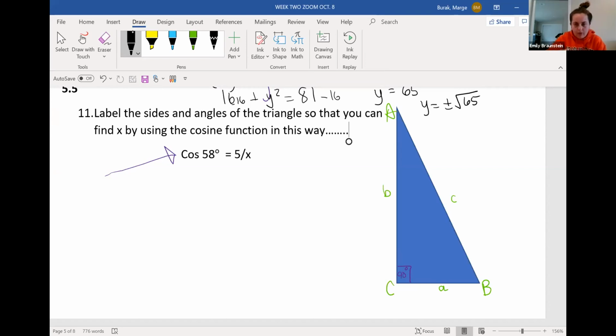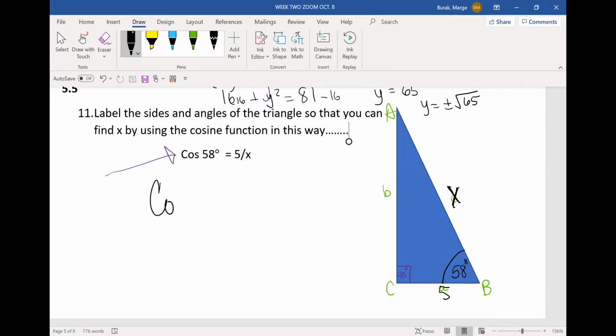So I put 58 degrees at angle B. And then I put 5 at little a and x at C. All right, let's see if this works.